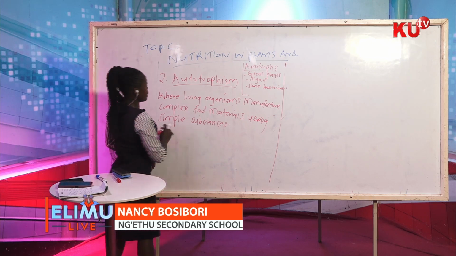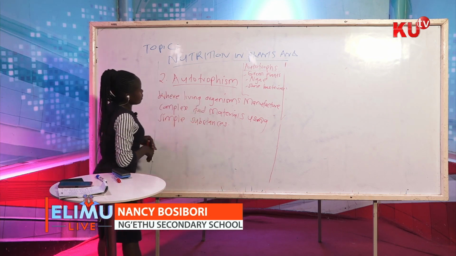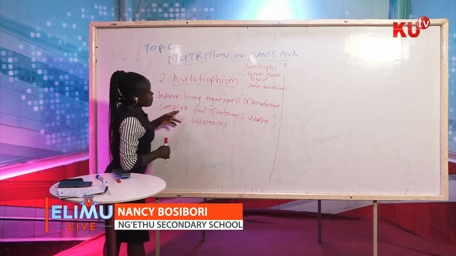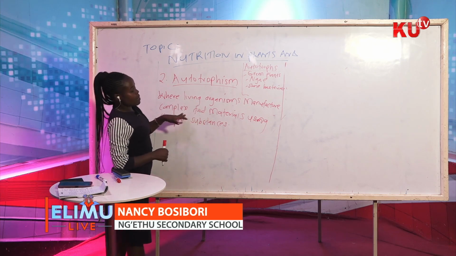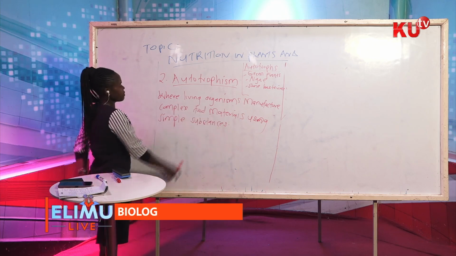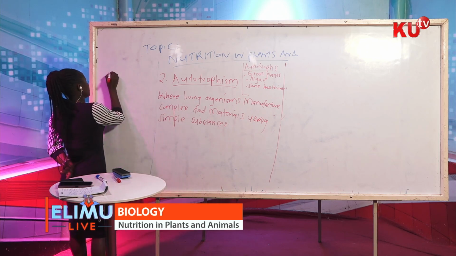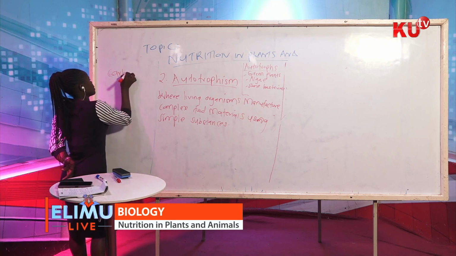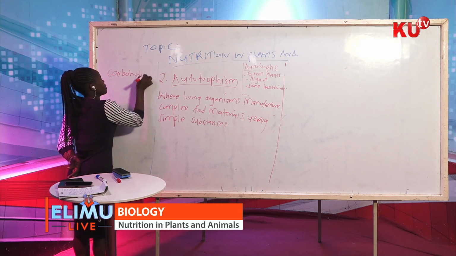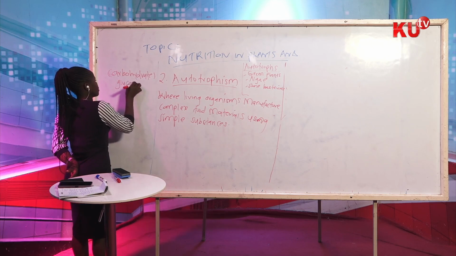If I may elaborate on this definition of autotrophism, as I have said, living organisms manufacture complex food materials. Examples of the complex food materials that they manufacture are: we have the carbohydrates, also called the glucose.